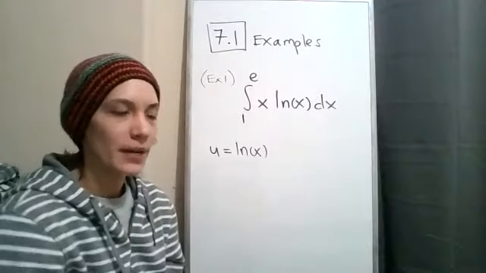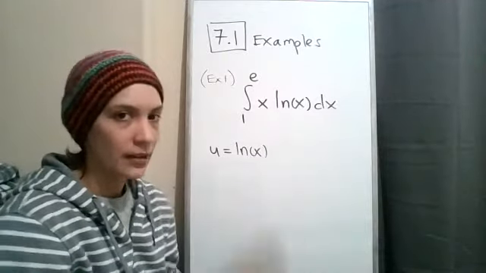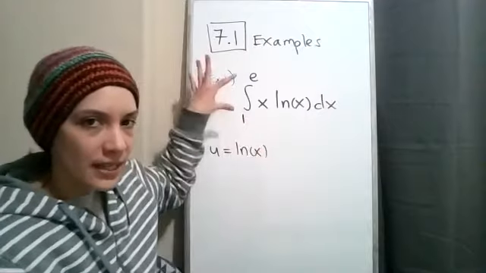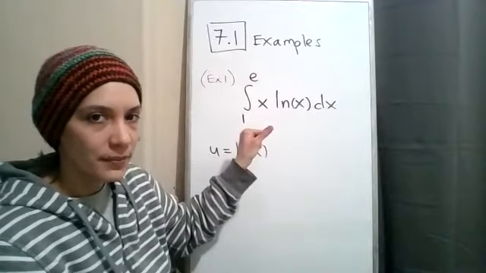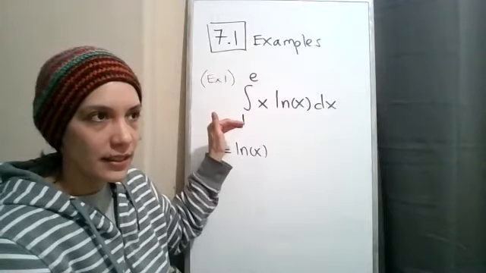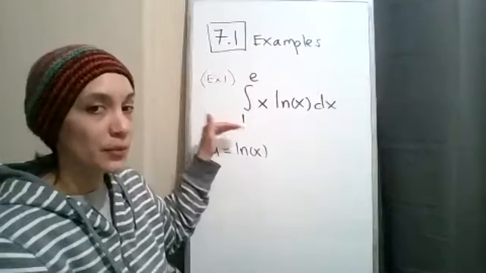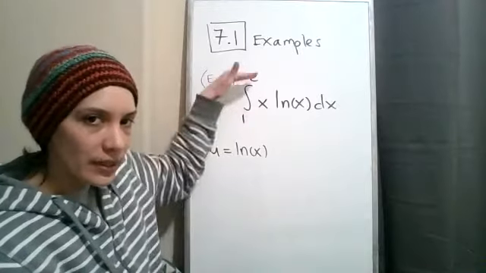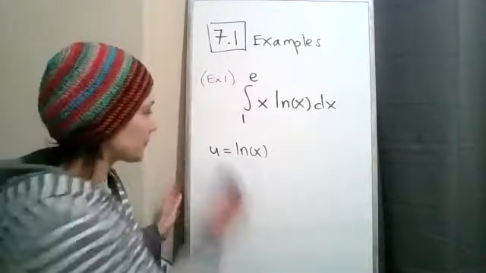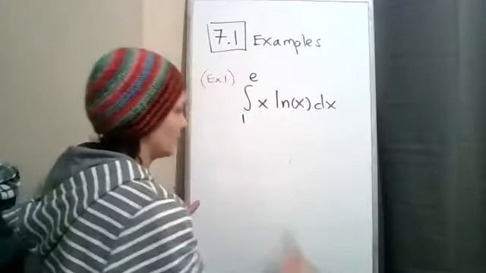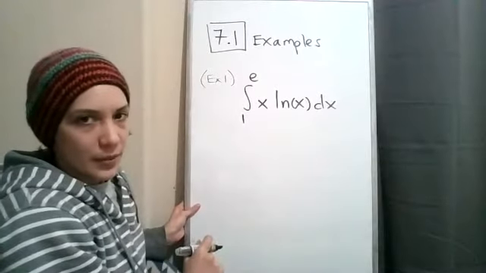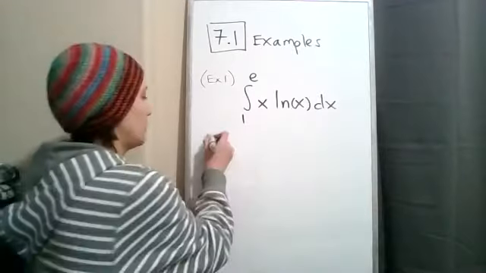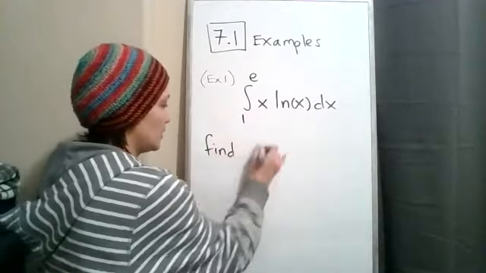My suggestion on how to do these problems is to find the indefinite integral, take that answer, and then instead of doing plus c, evaluate from 1 to e. Okay, so before we go, there are other ways to solve this problem, but I would say find this first.